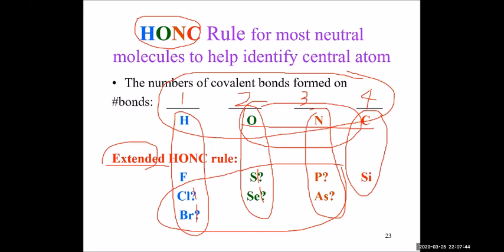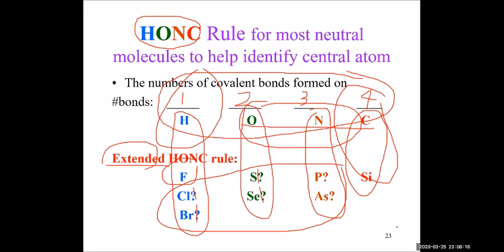When you draw the Lewis structure, the HONC rule helps you decide which atom is most likely to be the center. The atom that can form more than 1 bond is more likely to be the center. And an atom that can form only 1 bond can never be the center. So for example, hydrogen and fluorine can never be the center. And carbon is the most likely in the center, and so forth.